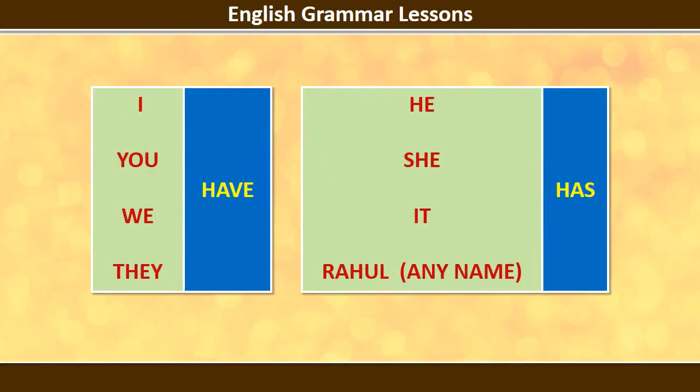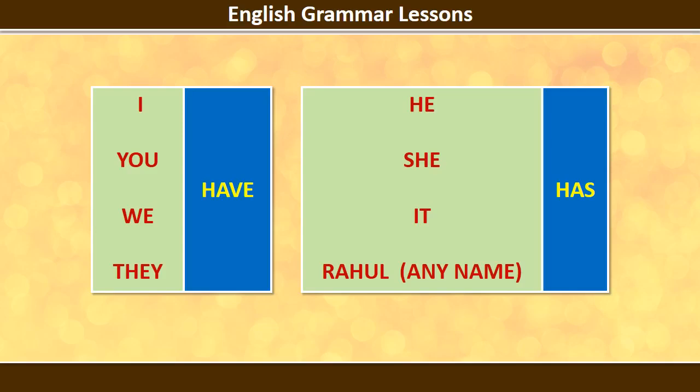Yes, now in this slide we will learn the usage of have and has. For singular we will be using has, and for plural we will be using have. But here there is an exceptional case, that is I and you are singular.